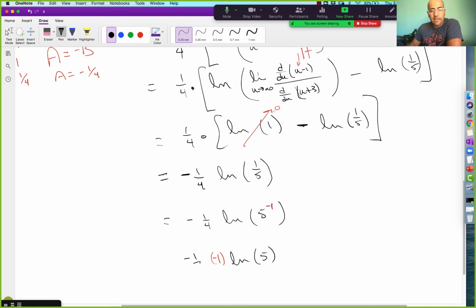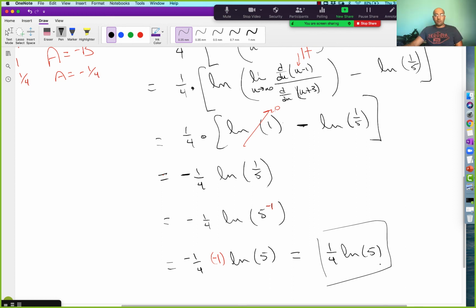And then there was this negative 1/4. The positive and the negative cancel. So my final answer would be 1/4 ln 5. So therefore, the original function converges.